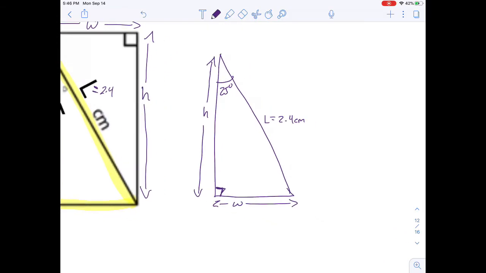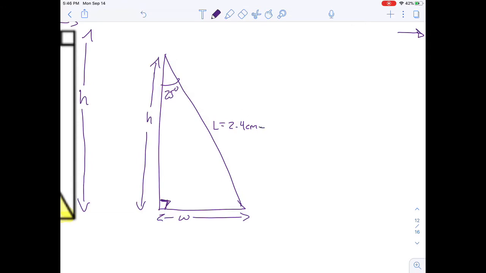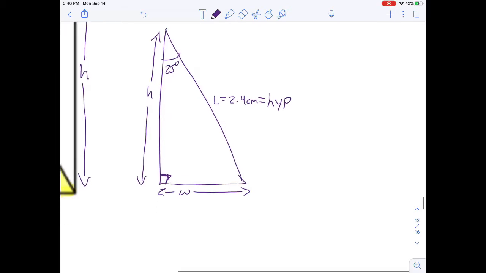Now, we're trying to find h and w. We're given a triangle, we have an angle that is not 90 degrees, and we have this length. What is this length in terms of this triangle? Remember, it's across from the 90 degree angle, meaning that this is your hypotenuse. So let's think about it: SOH CAH TOA. In terms of our 25 degrees, what is w?